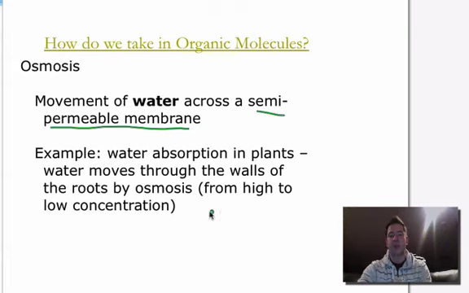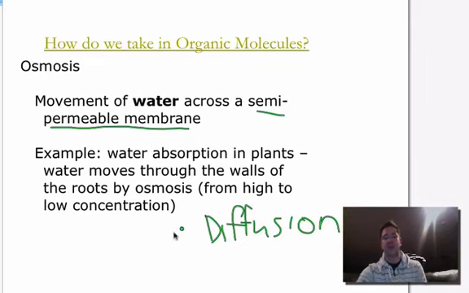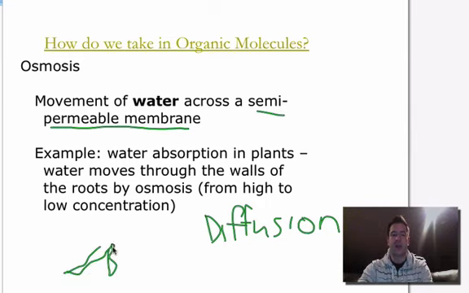So we see the process of diffusion actually occurring within osmosis. Say for example I had roots like this down here. Okay, I have all these roots. These are terrible looking roots, but they go up to a stem. And on these roots they have tiny little root hairs, and they actually increase the surface area for absorption.